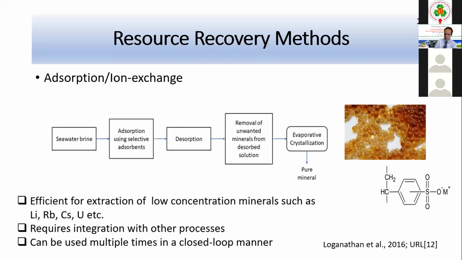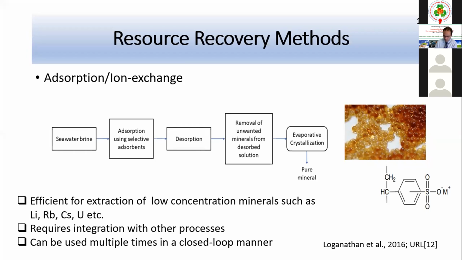This ion exchange or adsorption-based method is basically useful for trace elements, because we can functionalize our resin or adsorbent for targeted recovery of certain elements, and we can implant certain functional groups over them.